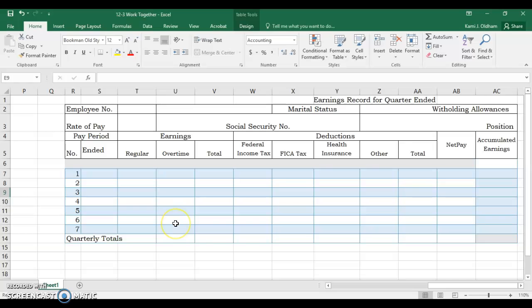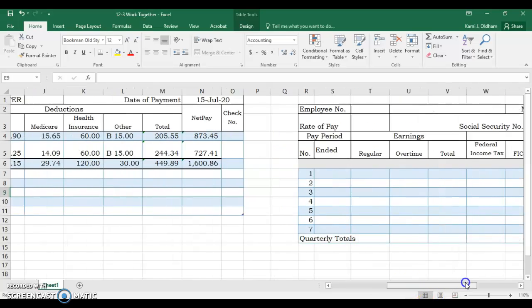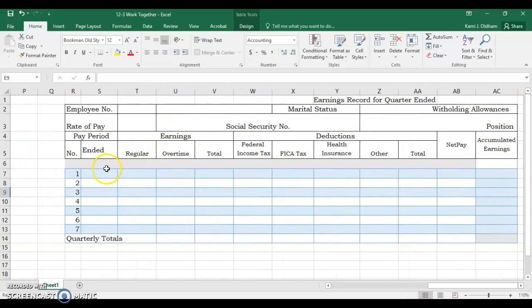So all you're really doing is taking Judy's information right here, going across the top, so this 1040, 39, 1079, all these numbers going across, and you are going to put them in her earnings record here.